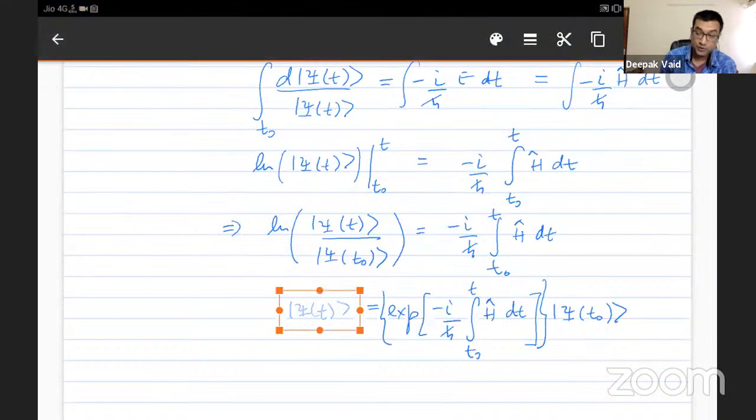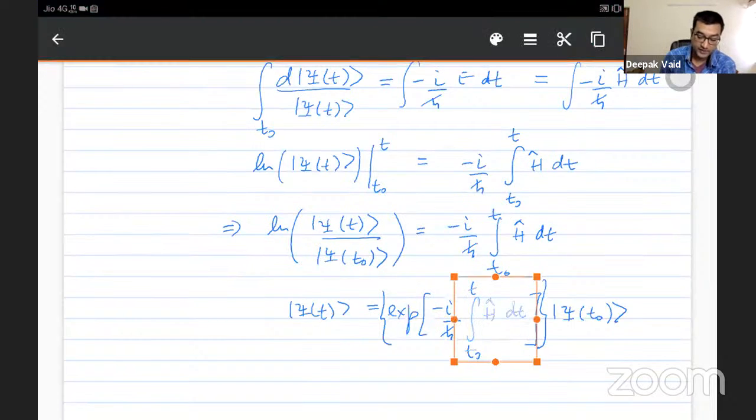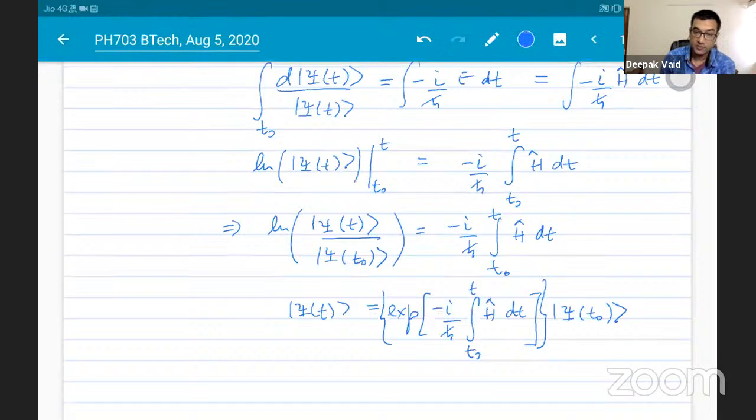So this is a solution of that equation. In this case, what you have is this integral of h, and then the exponential of that integral acting on psi, right?